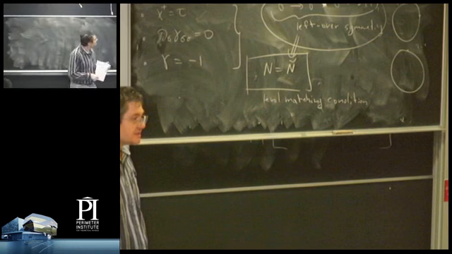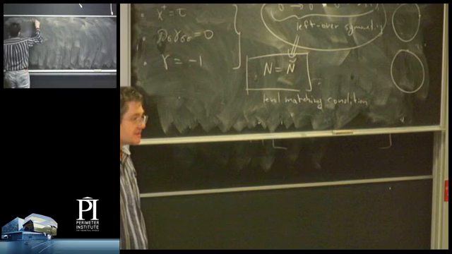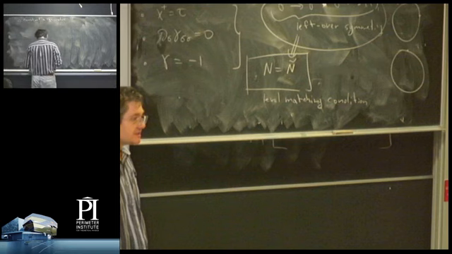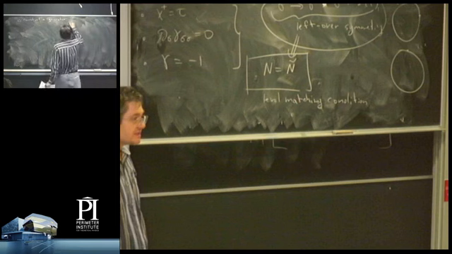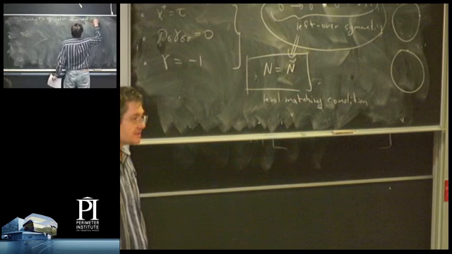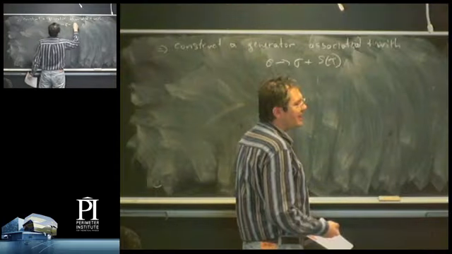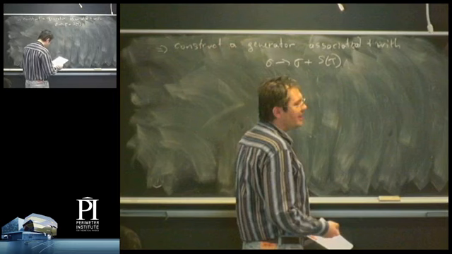The idea is we're going to construct a generator associated to infinitesimal translations on a circle, associated with σ goes to σ plus ε(τ).